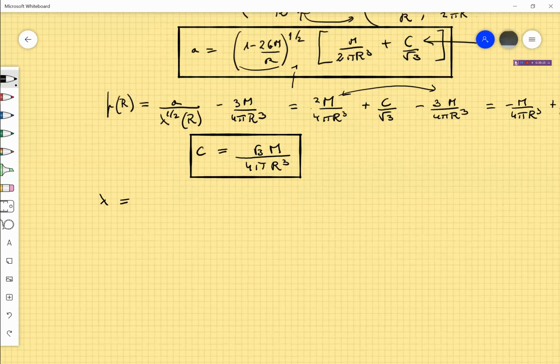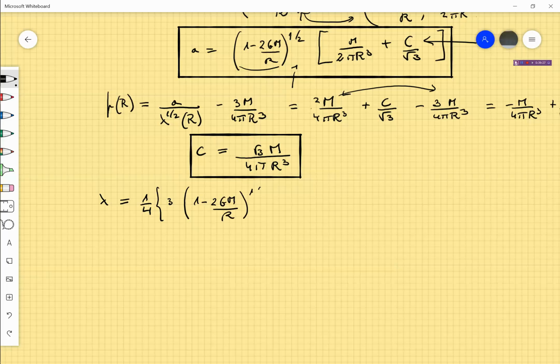So lambda, I'm not going to do the calculations because this is just simple algebra, is (1 minus 2GM divided by capital R) to the 1/2 minus mu 1/2, squared, and mu is 1 minus 2GM small r squared divided by capital R cubed.